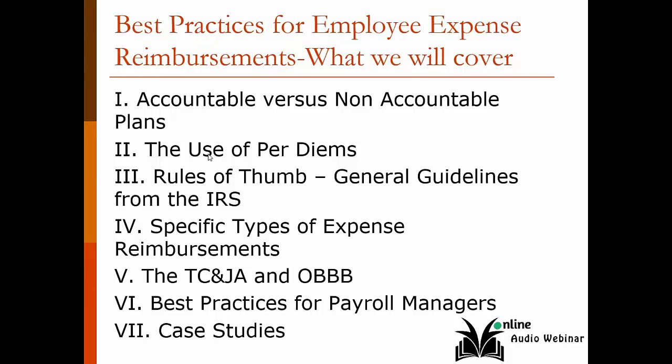And we'll talk about some specific types of expense reimbursements. One Big Beautiful Bill extended certain provisions of the Tax Cuts and Jobs Act of 2017. And then we'll talk about best practices for payroll managers, and then some case studies, some eye-opening case studies.